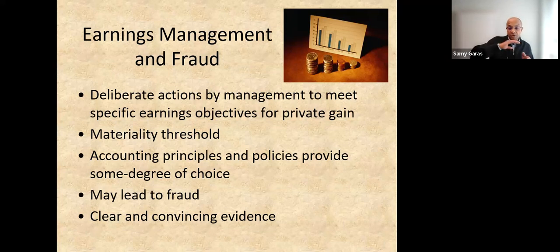And here the auditor has to put the materiality threshold. How big is the fraud and how much is the management expecting to get behind this fraud, and then try to see where is the compliance with the financial principles and where is the non-compliance area and whether this will lead to fraud or not.